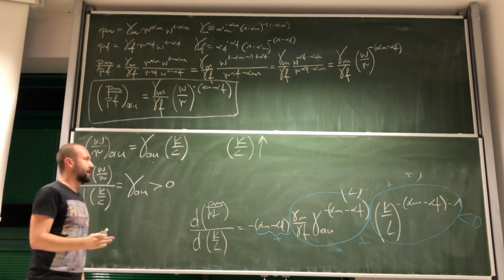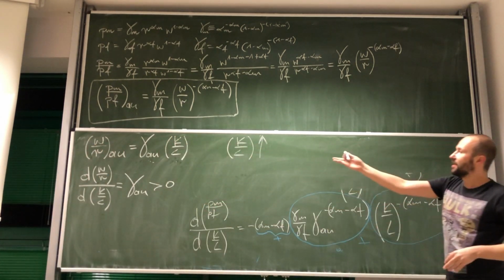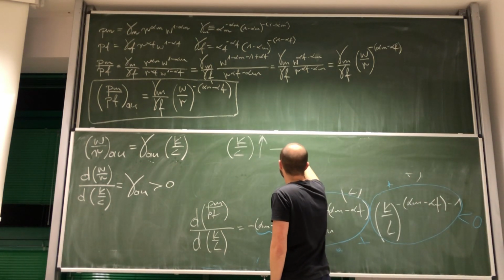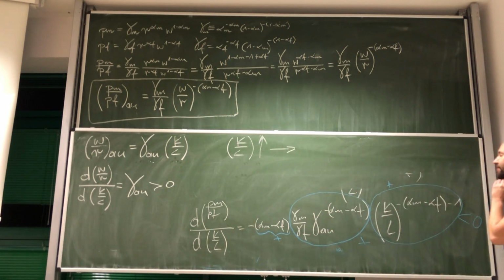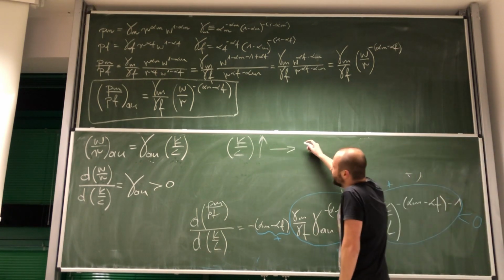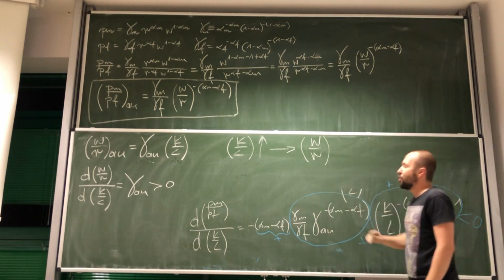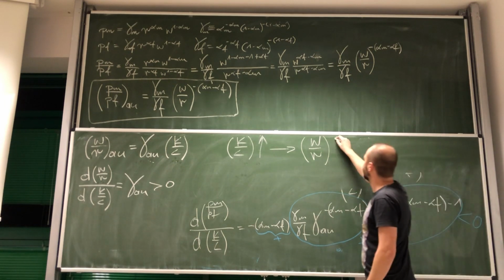Well, first thing we will see is something that we discussed previously, right? Now we know that the consequence of the increase in capital to labor ratio is going to be an increase in wage to rent ratio.